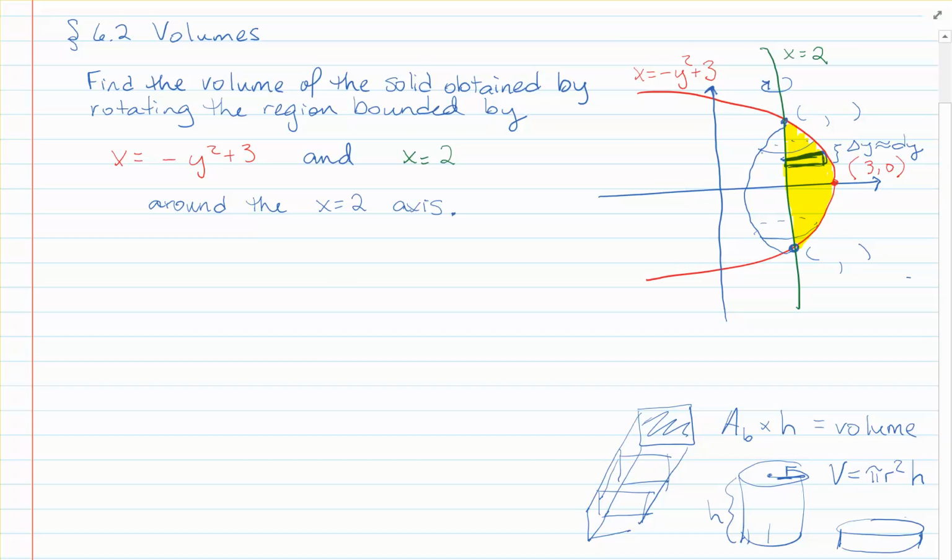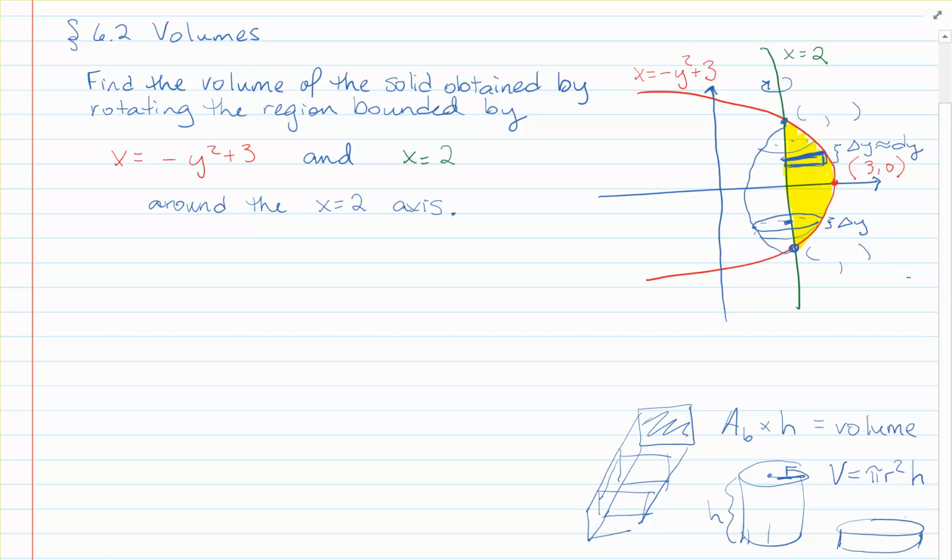Okay, so the volume swept out by this yellow region is a football-shaped solid that if you look at any little cross-sectional area, you get a tiny little disc or coin that has a width delta y.